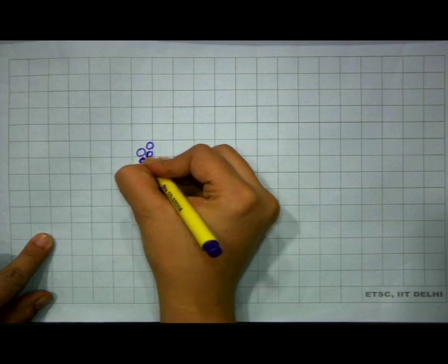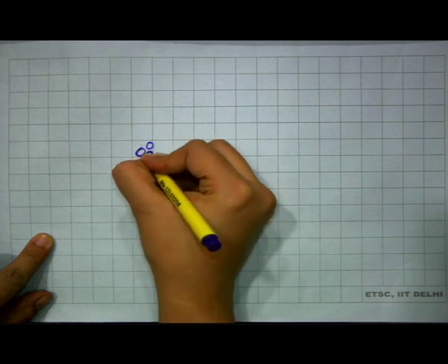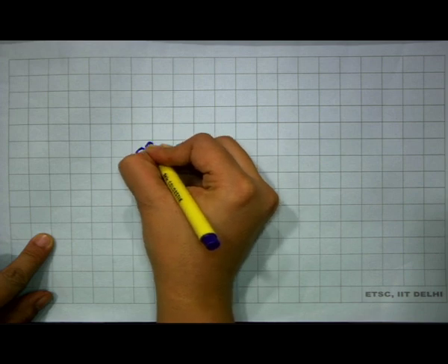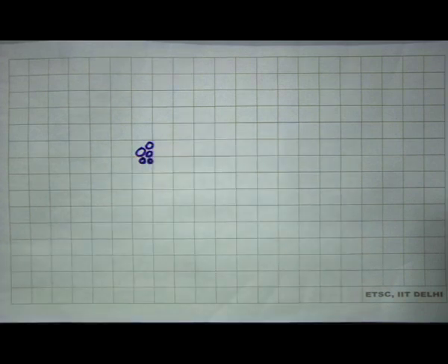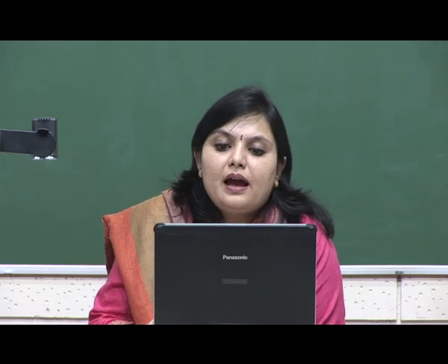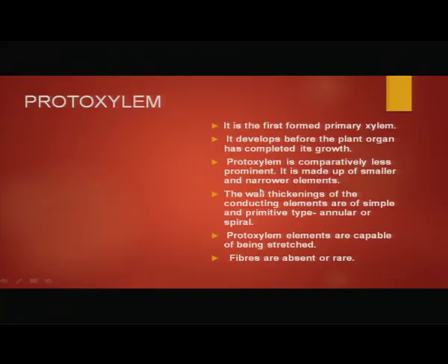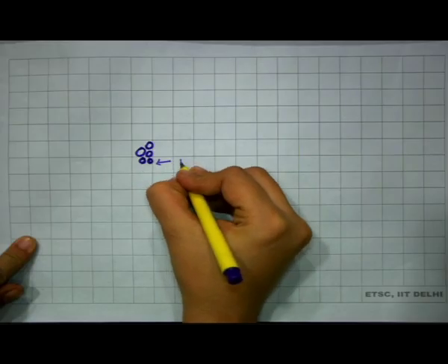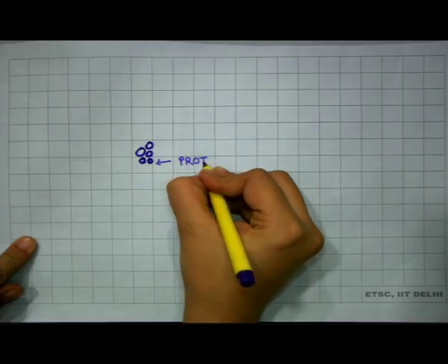That is what I mean when I say that the protoxylem elements are inconspicuous or comparatively less prominent. They are made up of smaller and narrower elements. So, these are protoxylem elements.